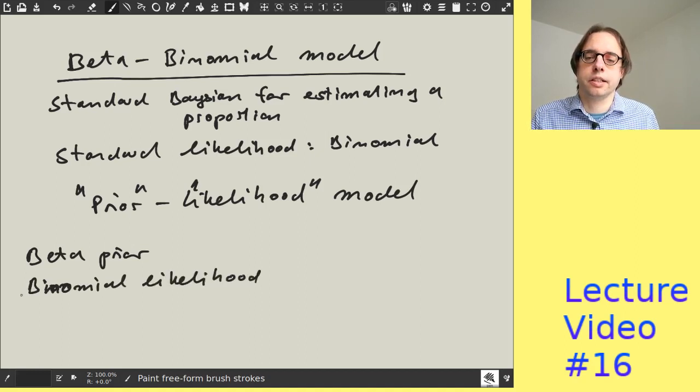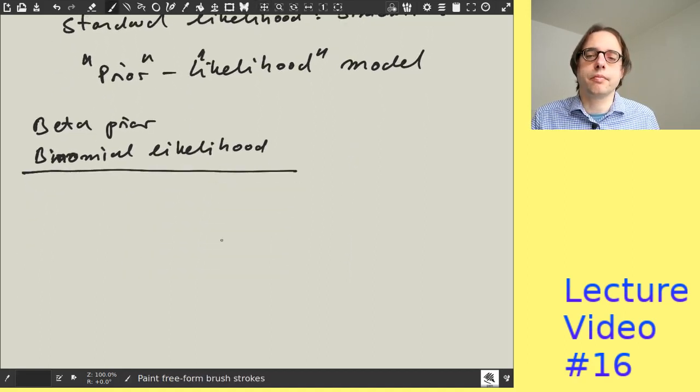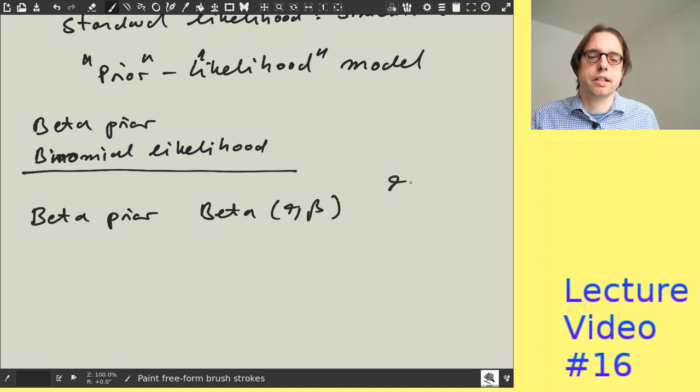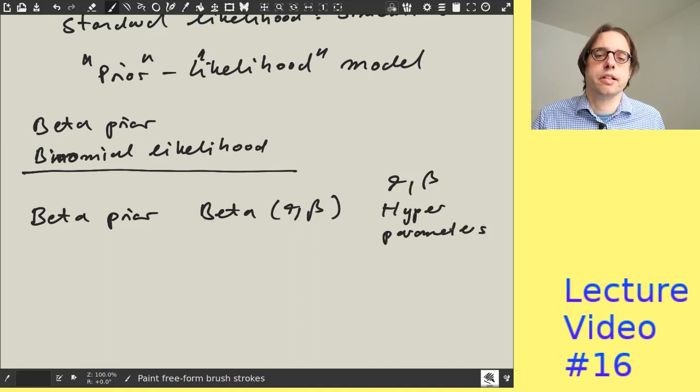Okay, so what are the results that we got from this model? Essentially we start with a beta prior. This beta prior, beta alpha beta, has two parameters, and these are also called hyperparameters because they are parameters of the prior and not of the likelihood itself.